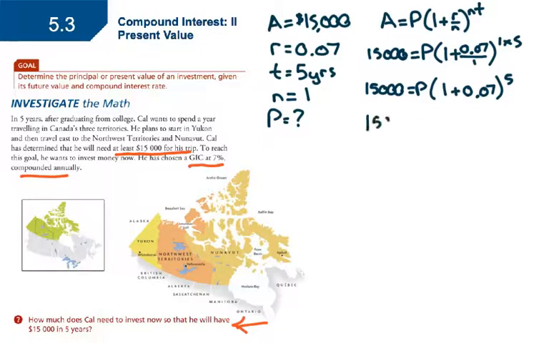We can add in that bracket. We get 1.07 to the power of 5. We can go and do 1.07 to the power of 5.